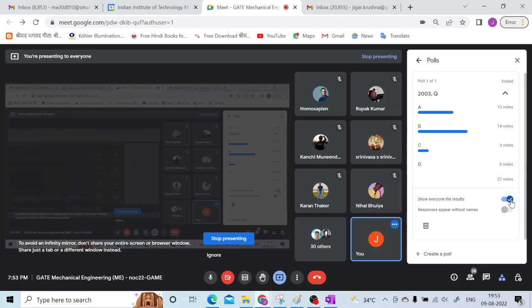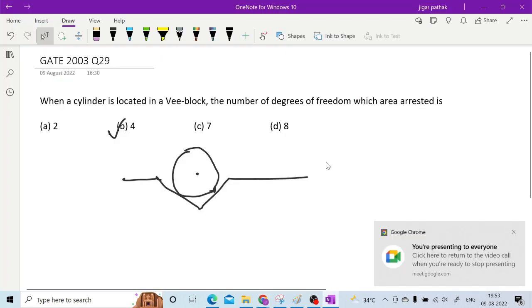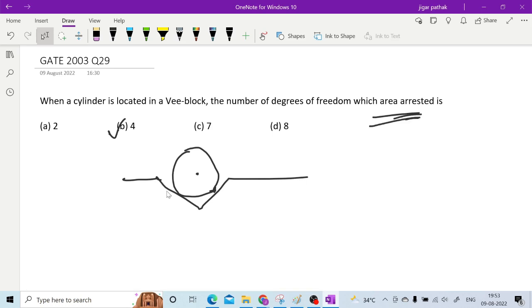Answer B, that is 4. So here the degrees of freedom which are arrested, arrested means restricted. For those who have not got it correct, I am trying to make it more clear. When you put this cylinder in a V block, both the translatory motions will be restricted, this one and this one.